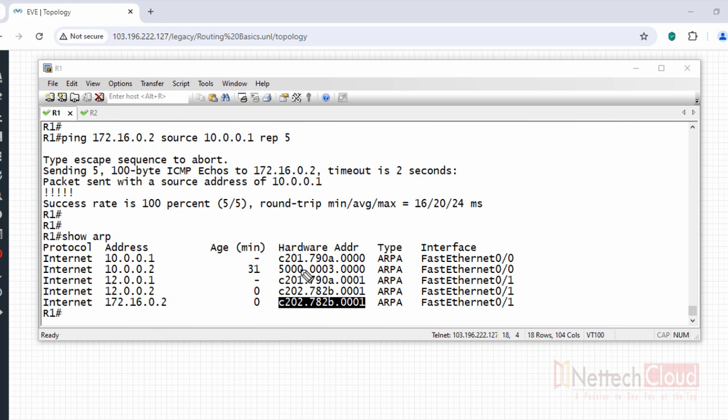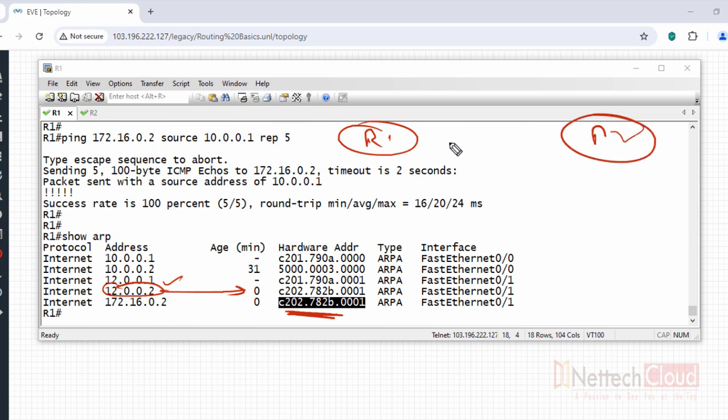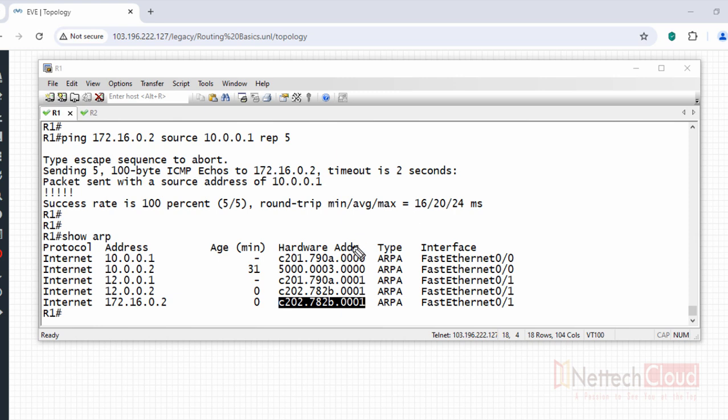If you see the MAC address here, it is exactly the same MAC address mapped with the IP 12.0.0.2, and 12.0.0.2 is R2's interface MAC address, right? So proxy ARP is enabled, so R2 must have replied to our broadcast with its own MAC address, and you can verify from here also.